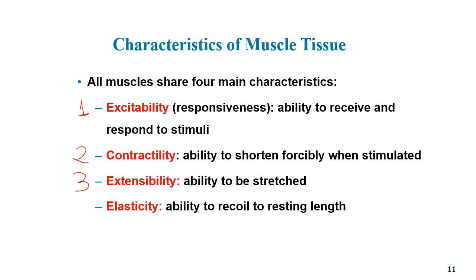If you have it in resting position, you're able to stretch it a little bit, not too much, but a little bit. And the fourth characteristic is that it tends to go back to its resting position if you're not contracting or extending it. So that is the elasticity of the tissue.